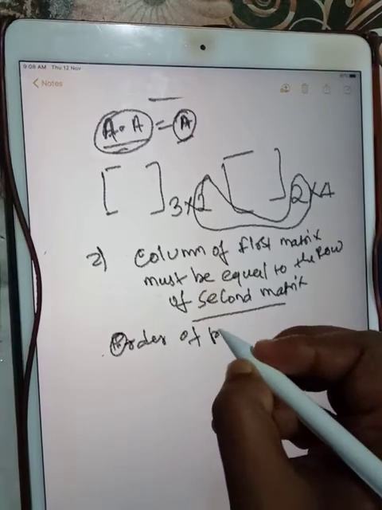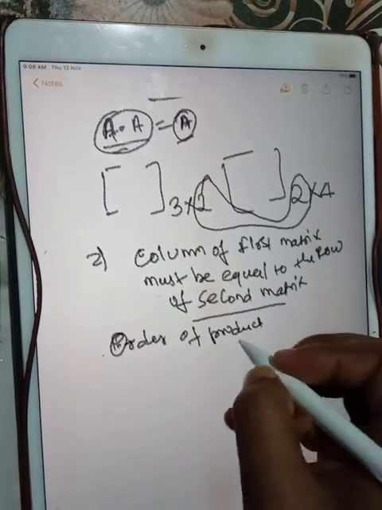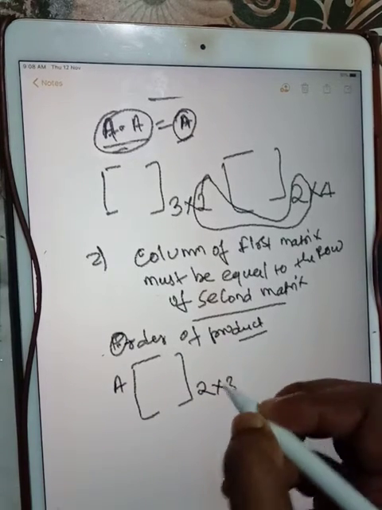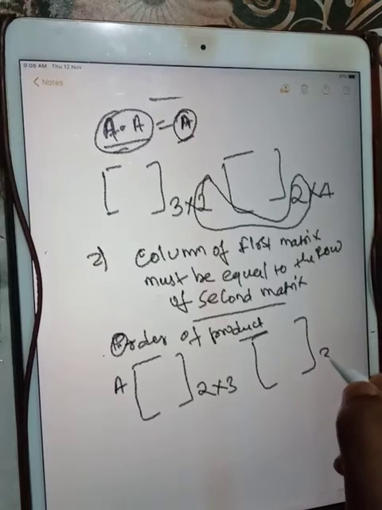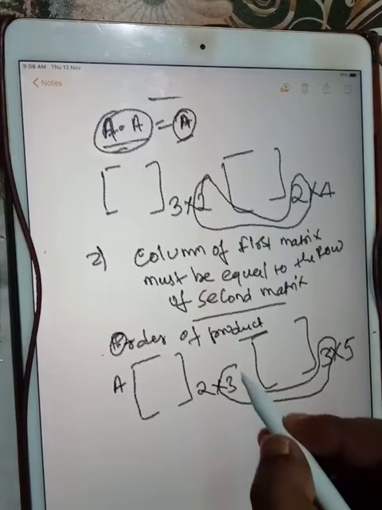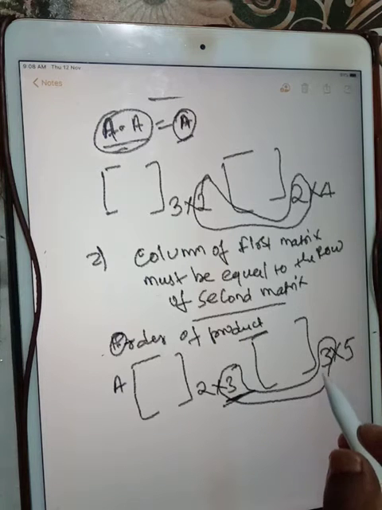Order of product: let's say A equal to 2 cross 3 and B equal to 3 cross 5. Here we have 3 and 3.